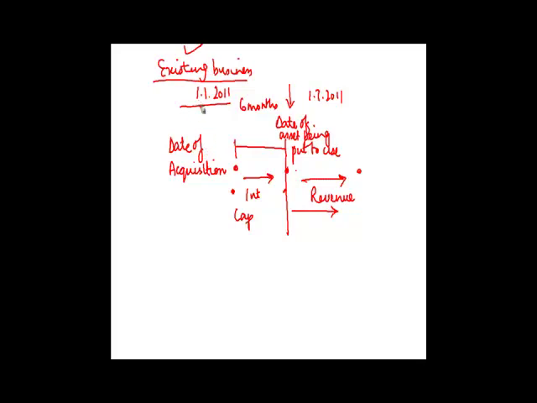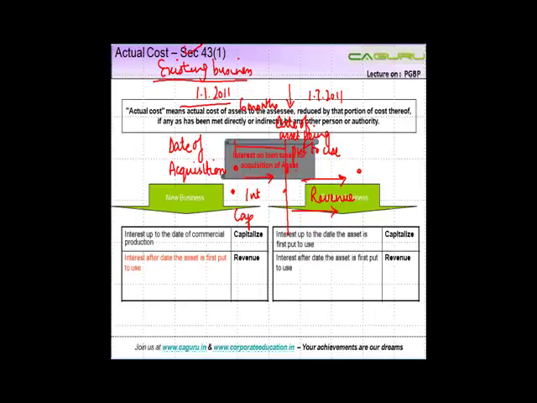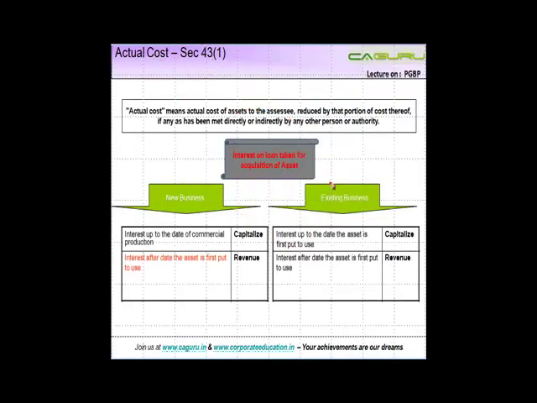Please note, it is in case of an existing business. For a new business, there is a little bit of a difference, which I'll come back to. So in case of existing business, interest up to the date the asset is first put to use has to be capitalized, and interest after that date is a revenue interest.